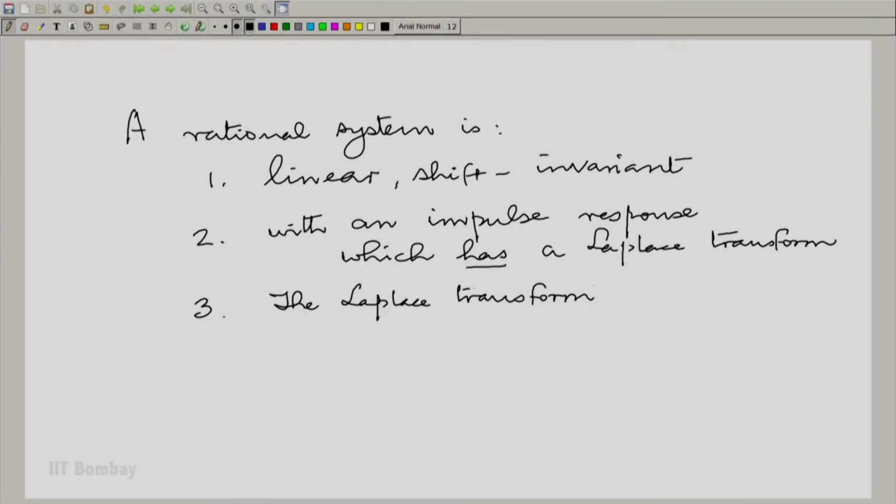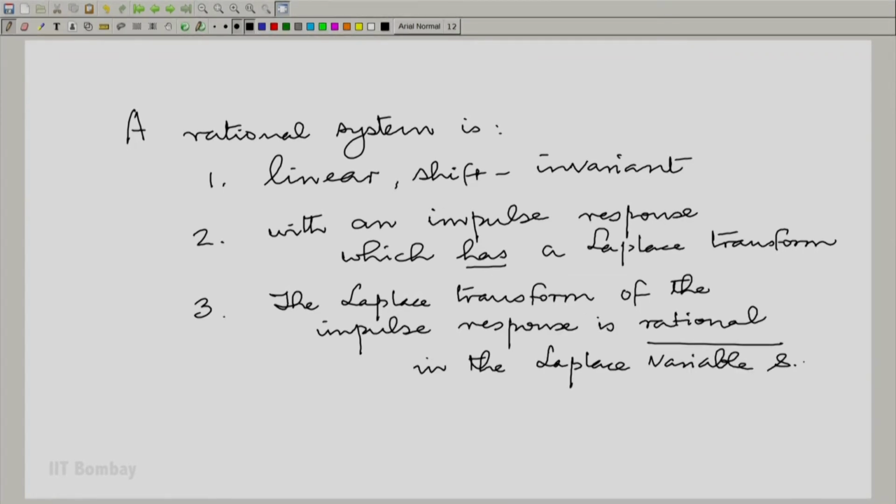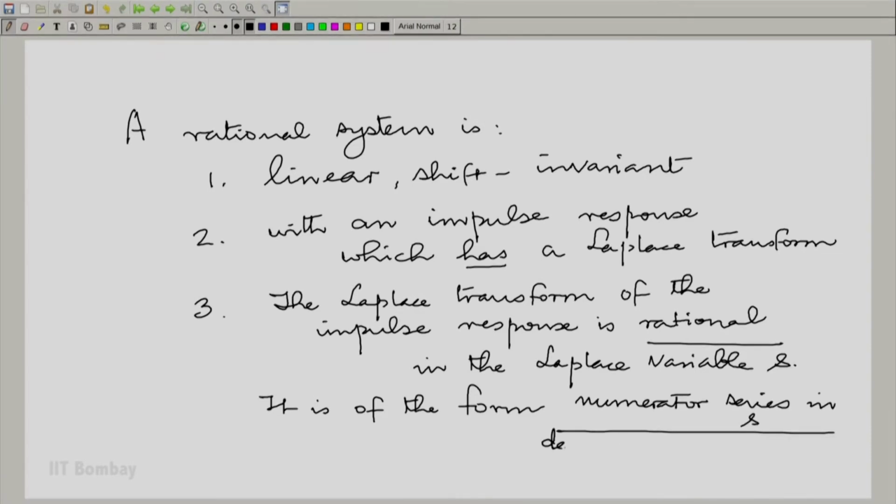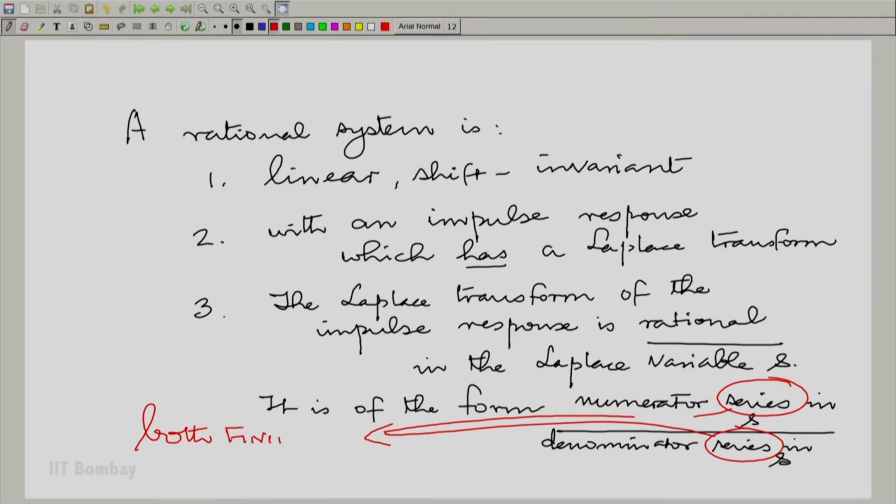The Laplace transform of the impulse response is rational in the Laplace variable S. So, essentially it is of the form numerator series in S divided by denominator series in S, and notably both these series are finite series. This is important. The finite part is important. It is not all right to have infinite series.